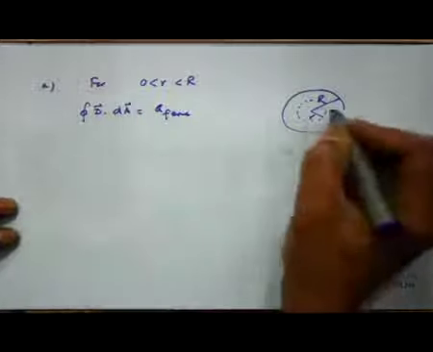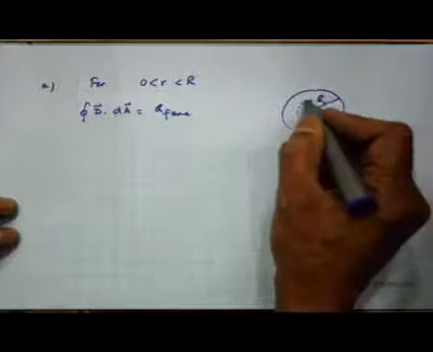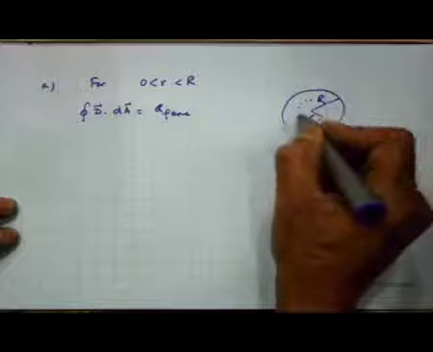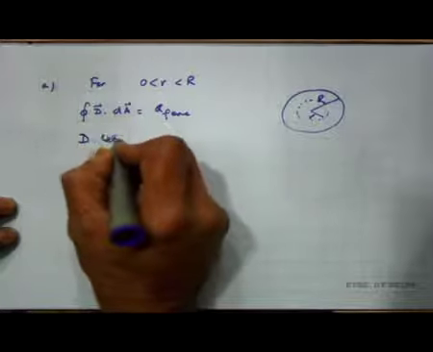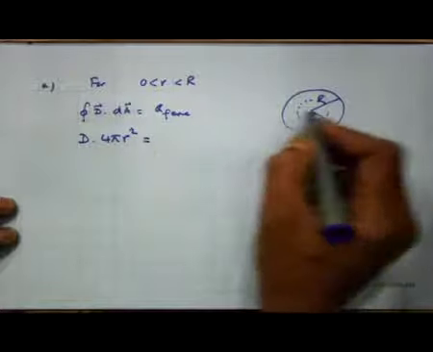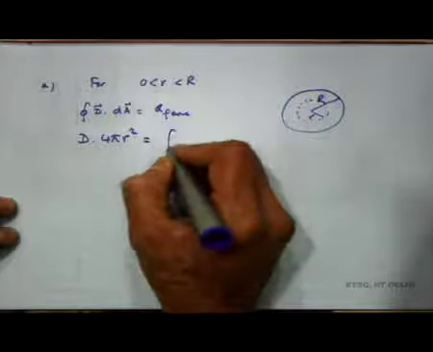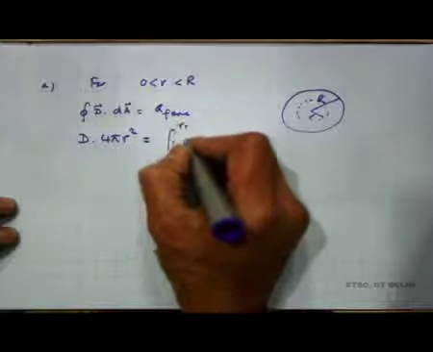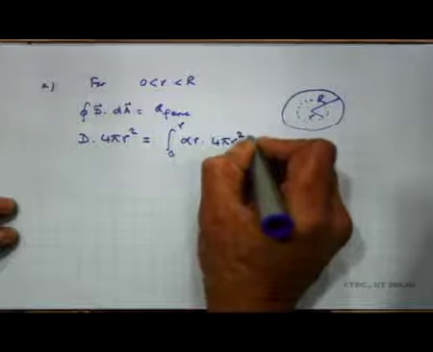Because the displacement vector is radial and does not depend on the position on the sphere, the left hand side will be simply D into 4 pi r squared. The free charge enclosed I have to calculate because the free charge density is not constant. So, this will be integral 0 to r of alpha r into 4 pi r squared dr.